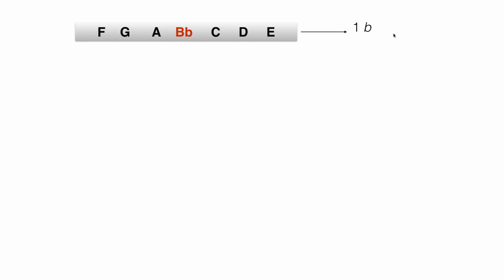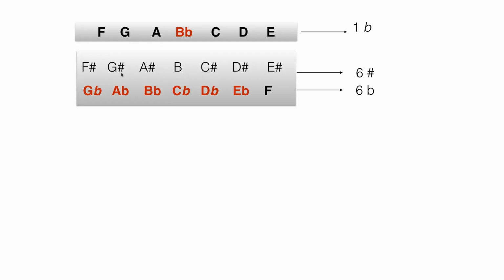Repeating here the F major scale, so we can build the next one, which is the F sharp major scale. Adding a half step in each note, we get F sharp, G sharp, A sharp, B, C sharp, D sharp, and E sharp.